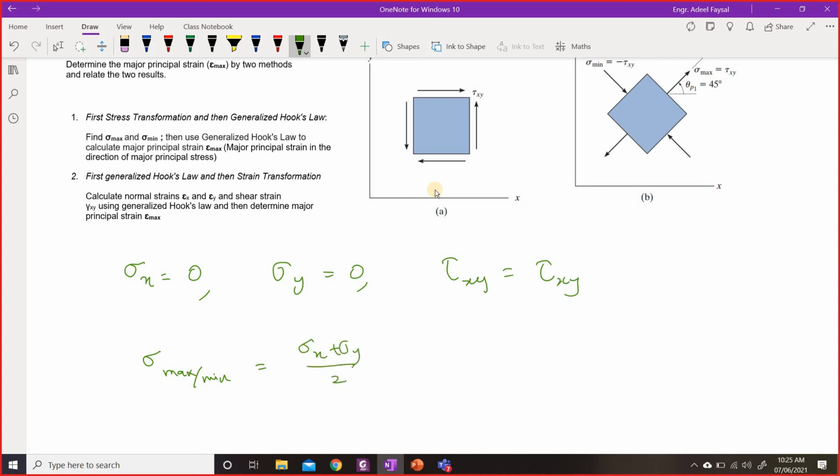So you see that sigma max and min equals sigma x plus sigma y by 2, plus for max and minus for min, times the square root of sigma x minus sigma y by 2, whole square, plus tau xy square.